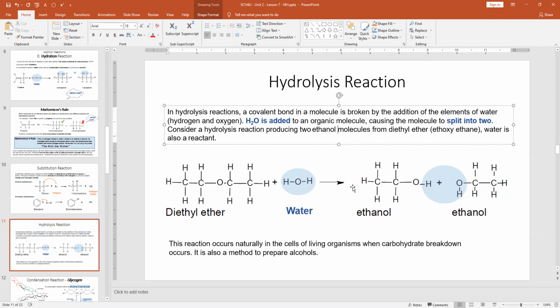H2O is then added to the molecule, causing the molecule to split into two. So here you have the hydrolysis reaction of an ether, and this water molecule breaks this bond, and the components, the hydrogen and the OH, are added, resulting in 2 molecules of ethanol here, for example.